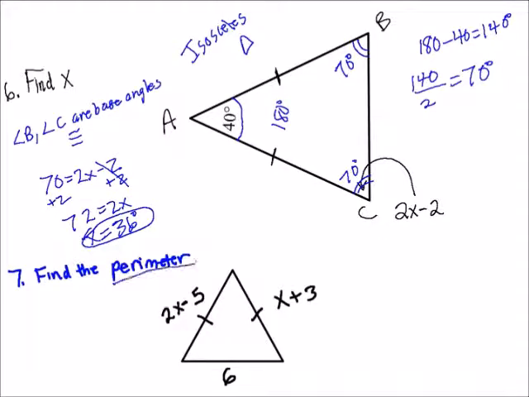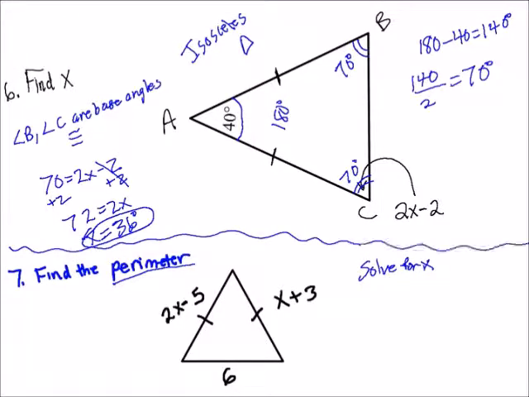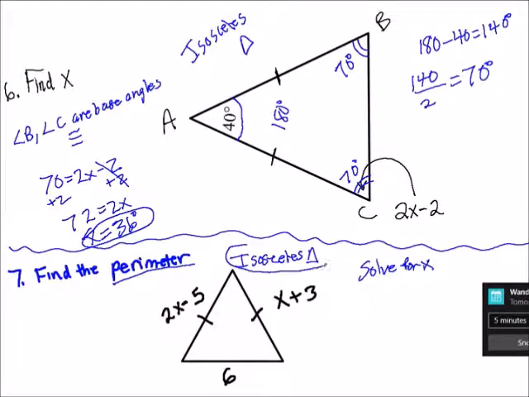At the very beginning, I told you perimeter is when you add everything up. First and foremost, we want to solve for x. Let's go ahead and mark this off. Since this is an isosceles triangle, these two sides have to be congruent to each other.